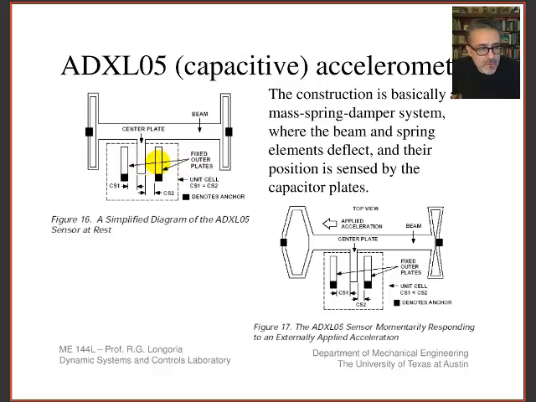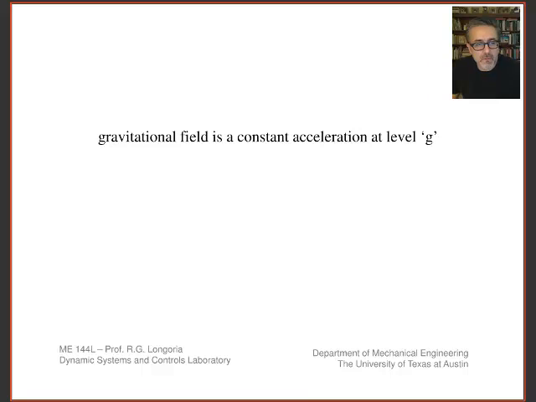And effectively what's going on is when an acceleration is applied, so you see here an applied acceleration, the center plate moves relative to these two, and you're measuring the relative capacitance, and that's how you can detect the acceleration, right? So that's again a measure of the displacement of the mass. Okay, so that's how a capacitive accelerometer works.